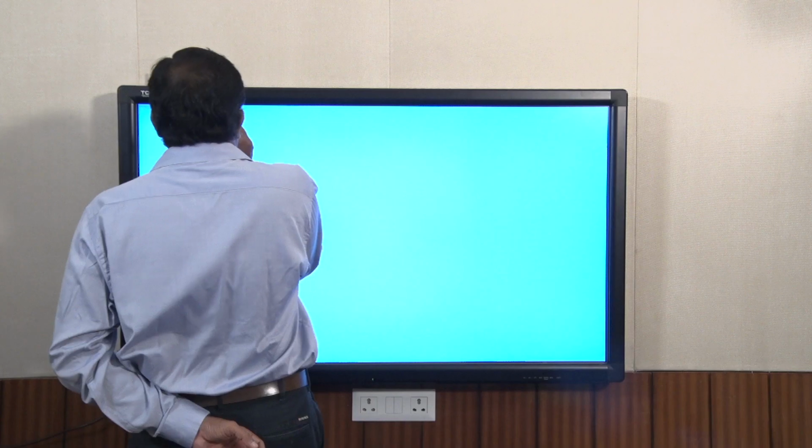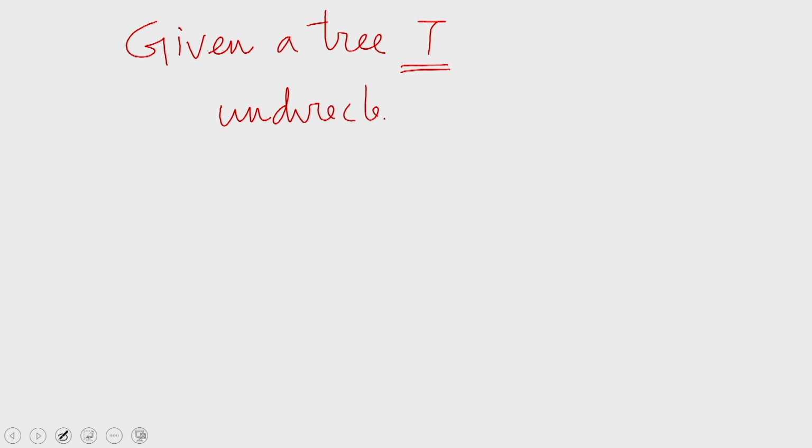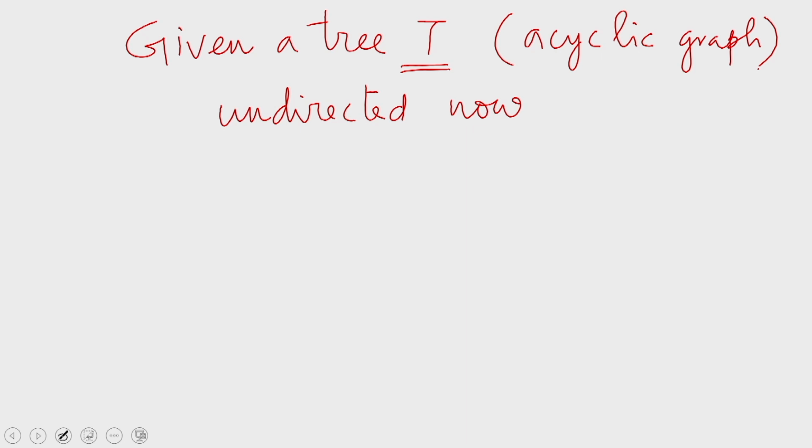So, let us say we are given a tree T. Let us say the tree is undirected at the moment. A tree is nothing but an acyclic graph. So, let us say we are given this tree.